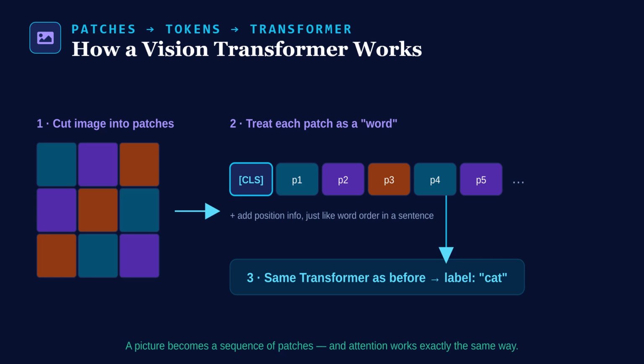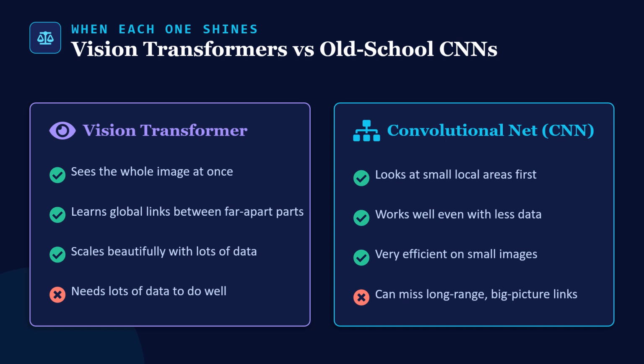Should vision transformers replace older image models called CNNs? Not always. Each has its place. A vision transformer sees the whole image at once, so it is great at linking far apart parts of a picture, and it scales beautifully when you have tons of data. The catch is that it needs a lot of data to shine.